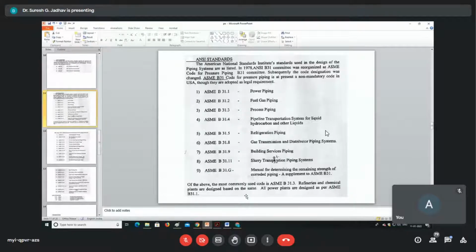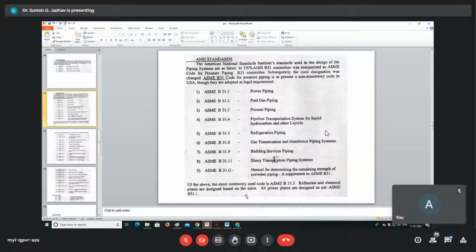Subsequently the code designation was changed, and later we call it ASME B31. Earlier we called it the ASME code for pressure piping engineering, and later they slightly changed the code designations, and overall, it may be pressure piping engineering or process piping engineering. We call it the ASME B31 code for pressure piping.